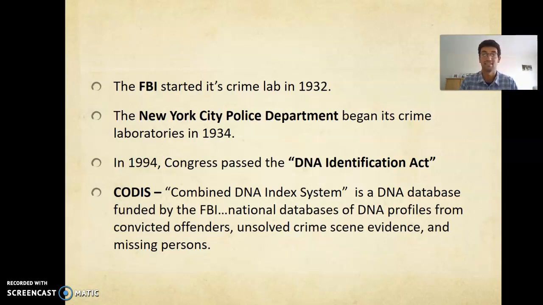And what it does is that it has this giant index, so anytime they find a fingerprint somewhere, they can run it through this index to see if their person is in the system, which helps a lot in analyzing crime scenes. So then we have CODIS, which is the Combined DNA Index System, a database funded by the FBI, a national database of DNA profiles from convicted offenders, unsolved crime scene evidence, and missing persons. So again, that's kind of what the DNA Identification Act does.